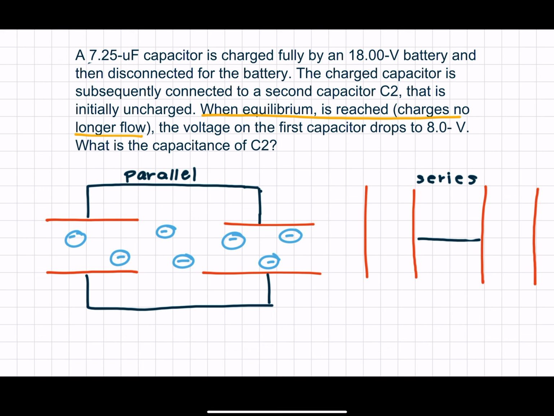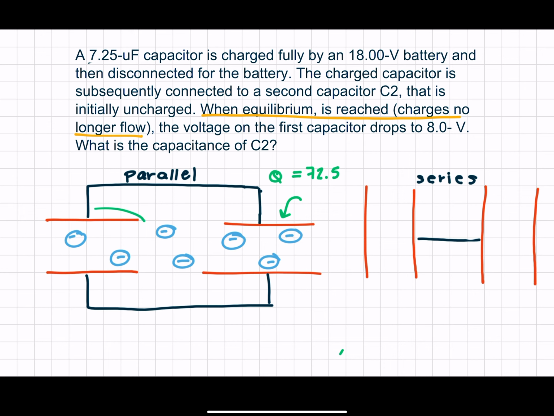Now that we know that our configuration of capacitors is in parallel, it's really quite simple to figure out what the capacitance is of the second capacitor. We know that the charge on the second plate over here is 72.5, and we also know some rules related to capacitors when they are connected to each other in parallel, which is that the voltage is the same.